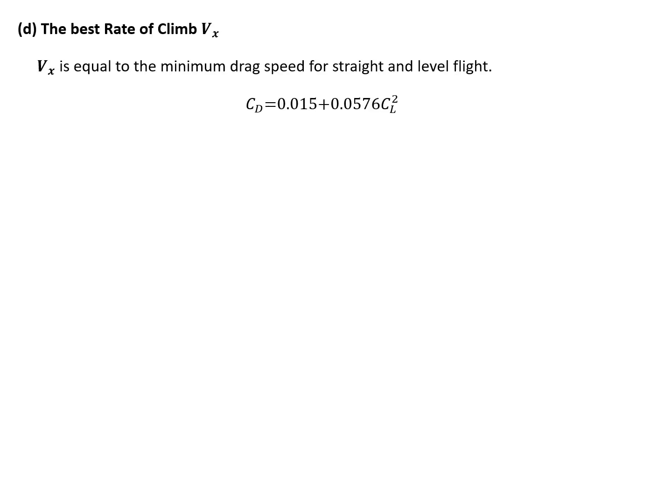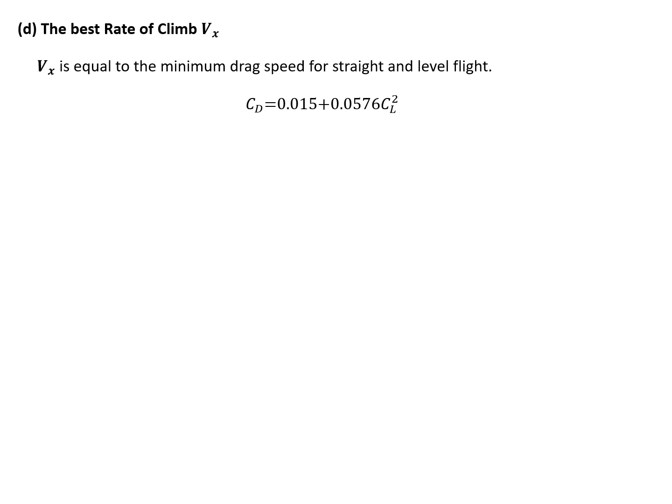Okay, so the fourth question is to calculate the best rate of climb Vx, and also we know Vx is equal to the minimum drag speed for straight and level flight, and also we assumed the climb angle is small, so we can treat the climbing procedure as straight and level flight.